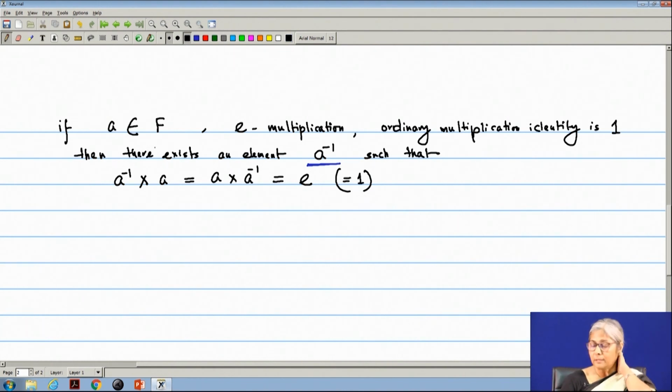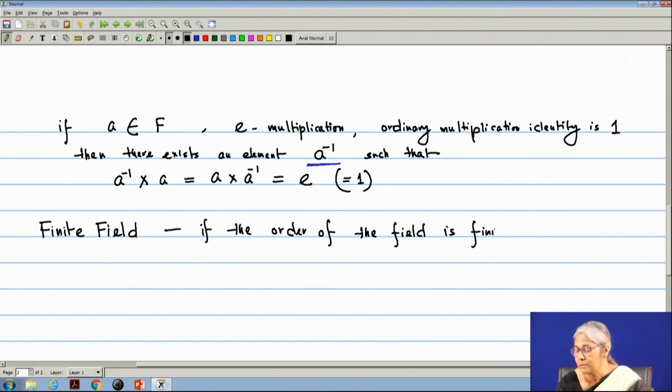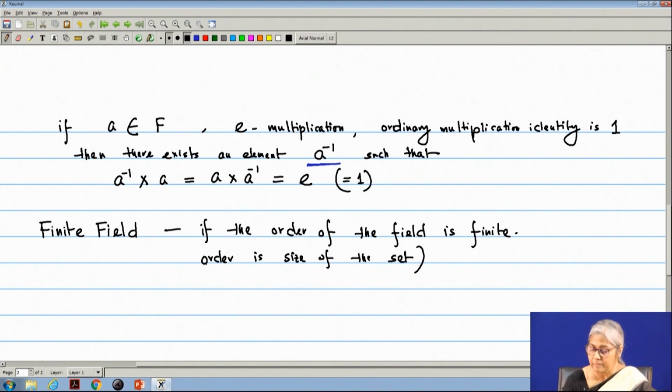Now, when it is a finite field, the order of the field is finite, and order, as we know, is the size of the set, that means the number of elements in the set.